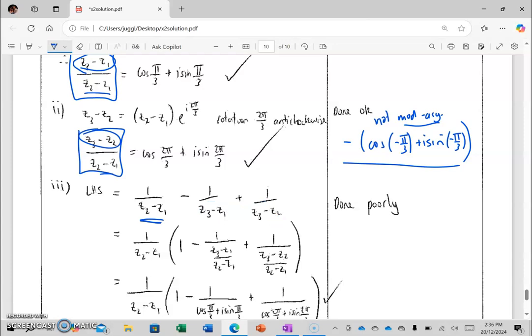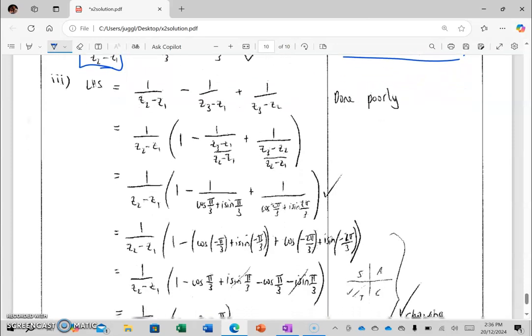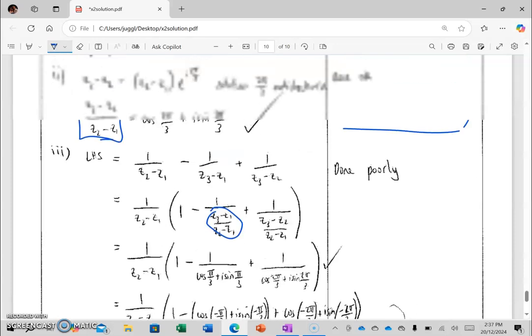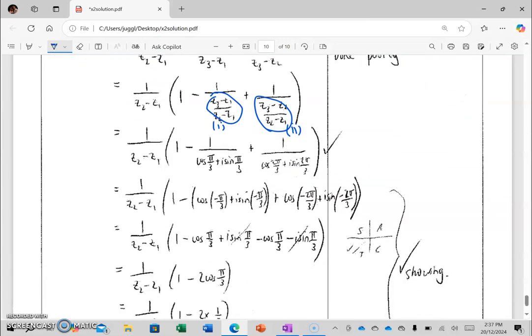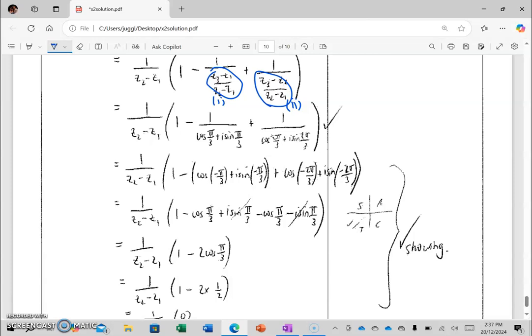The clever trick you can do is you can factor out a 1 on z2 minus z1, and then you get in brackets 1 minus, and then this bit here is your answer from part 1, and this one here is your answer from part 2. You substitute in, 1 mark for realizing that, for getting to that stage.